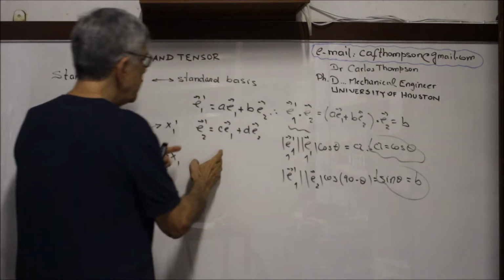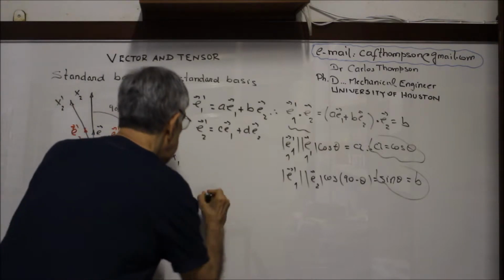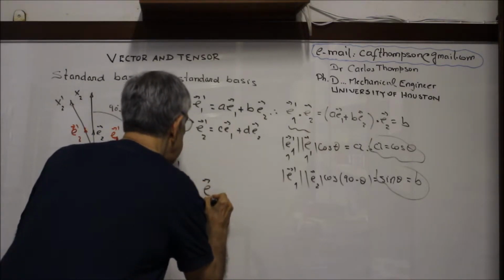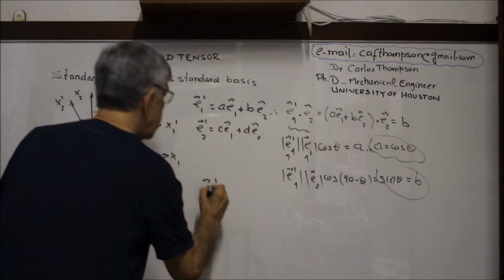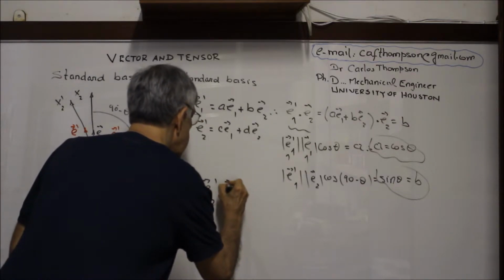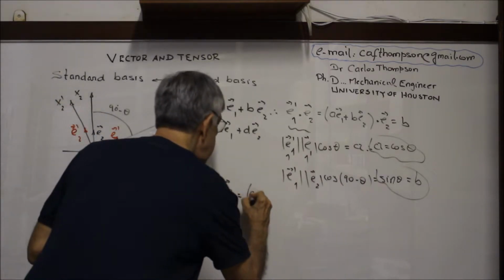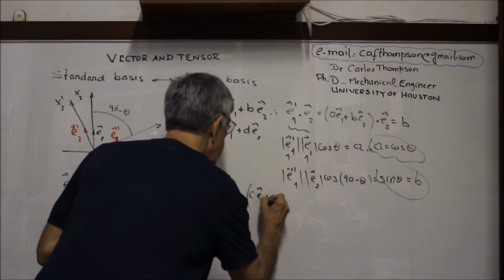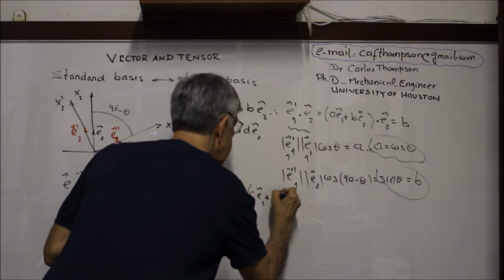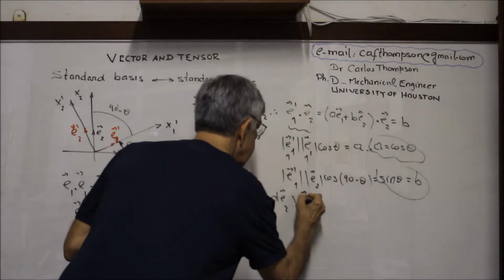Let's do the same to find out C and D. So here, this E2 prime dot E1. What is E2 prime? It is C E1 plus D E2, dot E1.